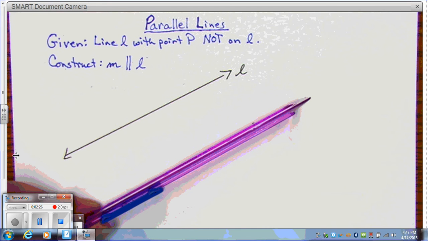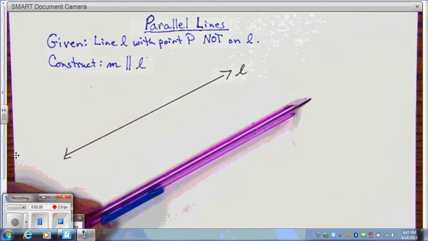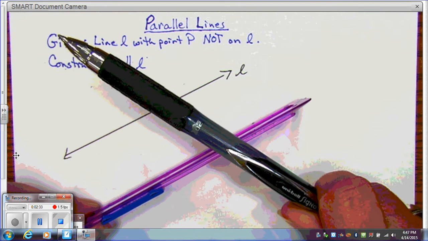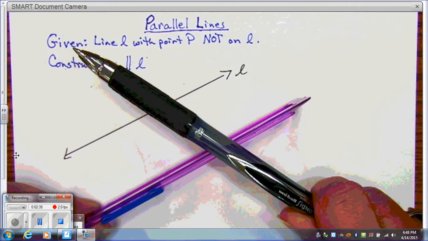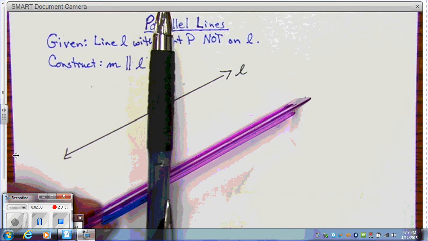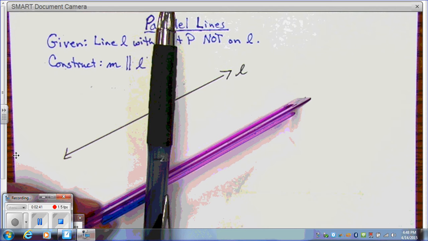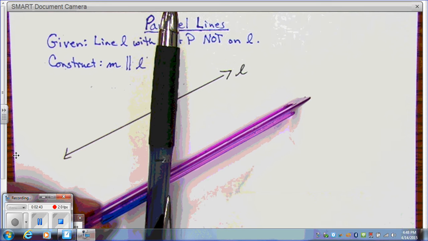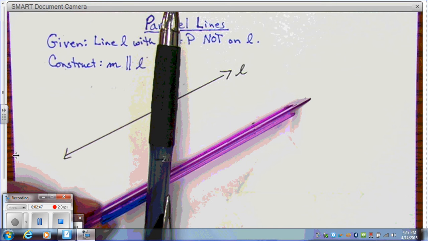All right, so previously we have done a lot with parallel lines, but every time we did them, we had what was called a transversal. I'm going to use this pen, it's not as thin as that ruler there, to represent a transversal. We would get a transversal, and then we would have alternate interior angles. We would have corresponding angles, alternate exterior, same side interior, and all that good stuff.